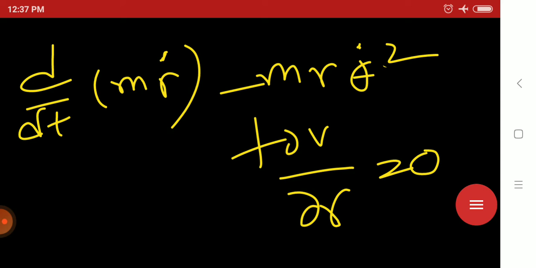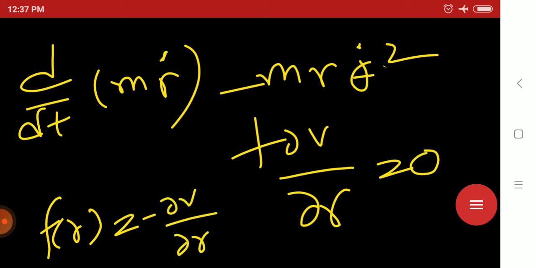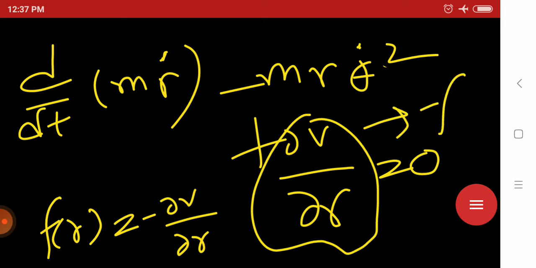So here, del V by del r, from the central force, F of r equals minus del V by del r. From there, this term can be written as minus F of r, the central force.